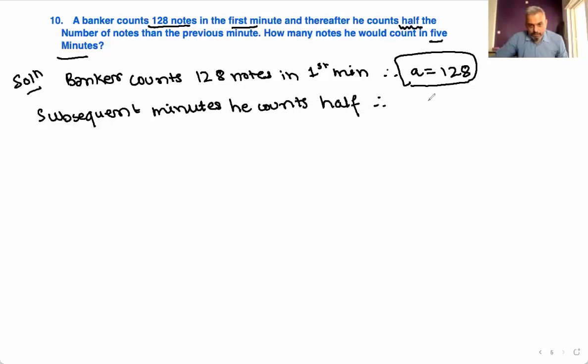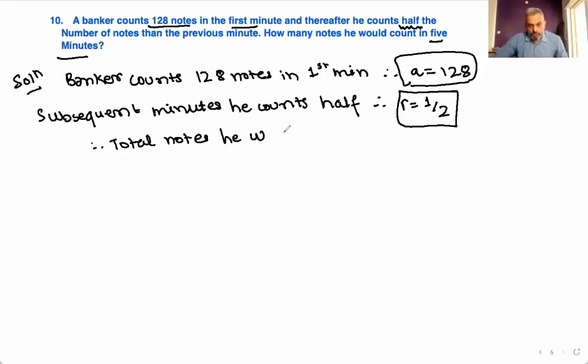Therefore, R is equal to 1 by 2. Now, how many notes would he count in 5 minutes? Therefore, total notes he would count in 5 minutes, that is n is equal to 5.